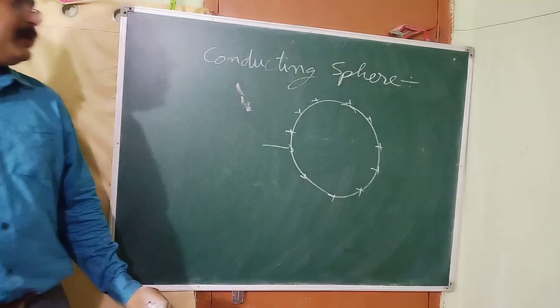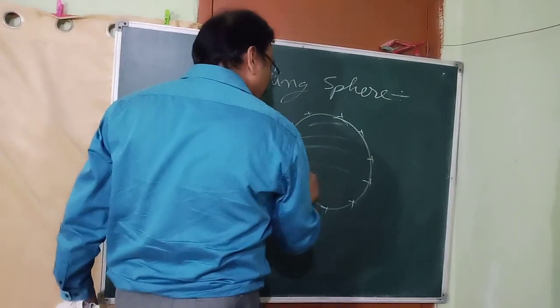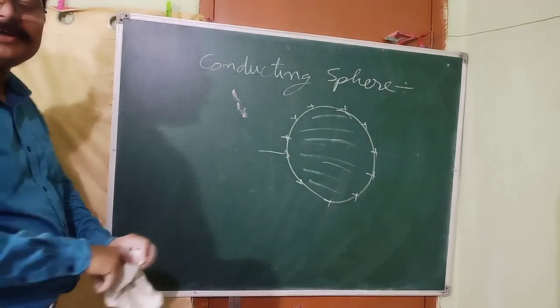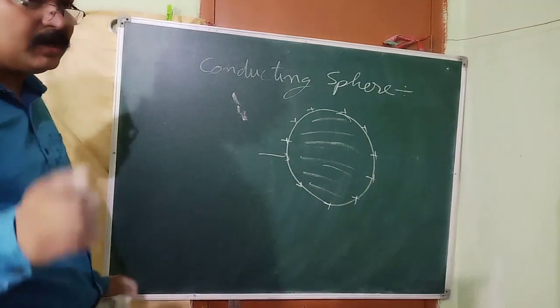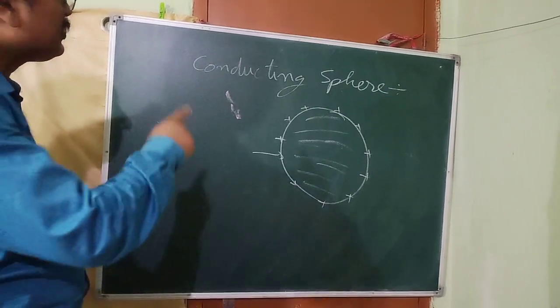Even if you take a solid sphere, it is the same thing. You will not find any charge in the bulk. All charges are situated over the surface of the sphere, either solid or hollow, in case of a conducting sphere.